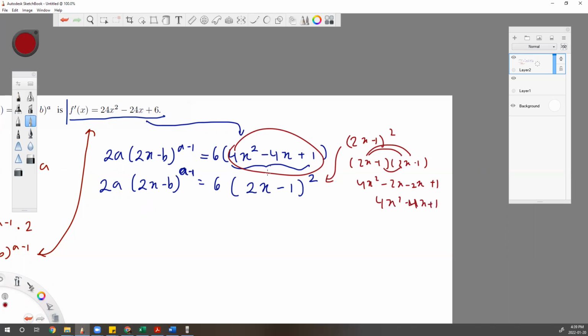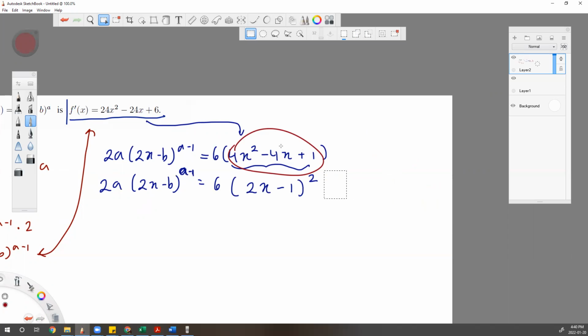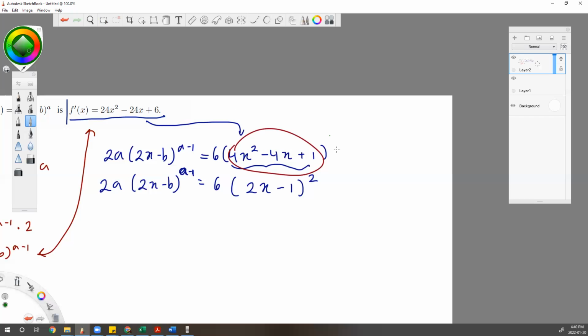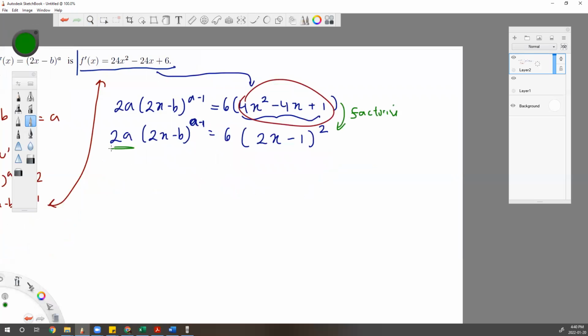So I can simplify by the factorization rules. I will erase this part because we don't actually need it, but when your teacher asks you why this becomes this, it is because we use factorization. Factorize and look at the parallel.